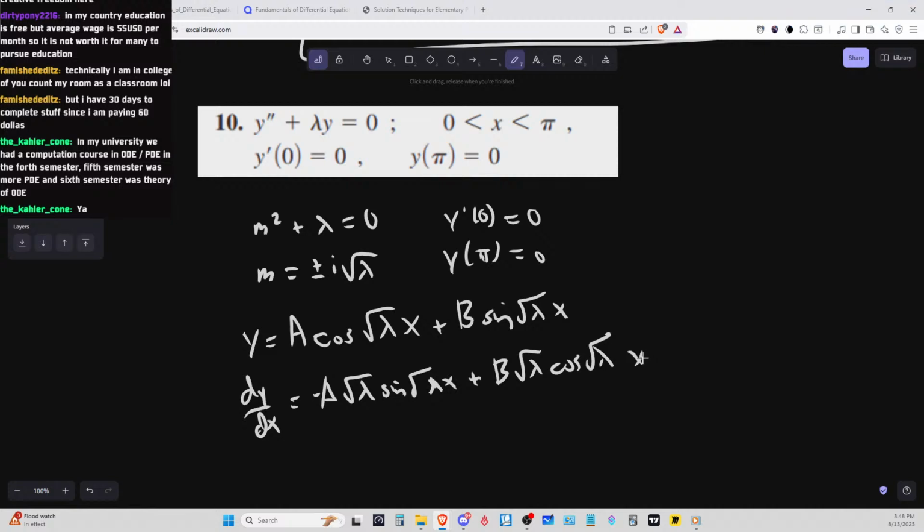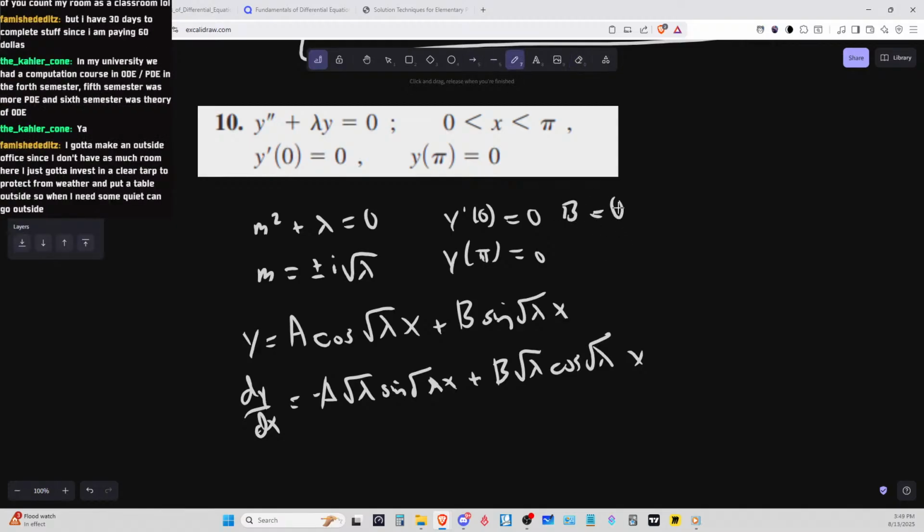Alright, so this time in the derivative, 0 will lead to 0. So that would mean that b, in this case, has to be equal to 0. We'll just do what Sascha did. Whoops, wrong one. It should be on this one. b is equal to 0.